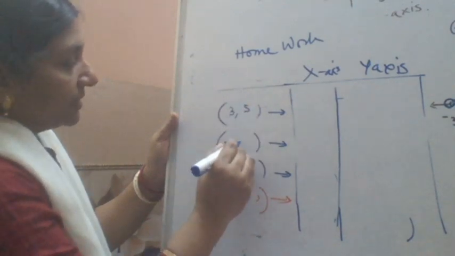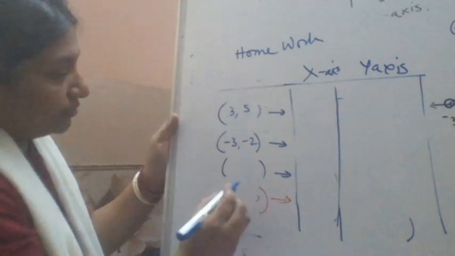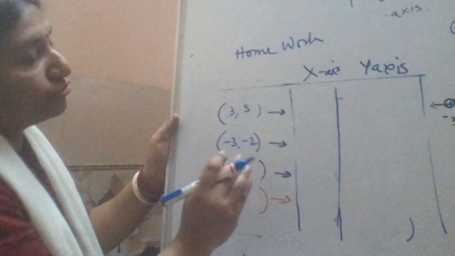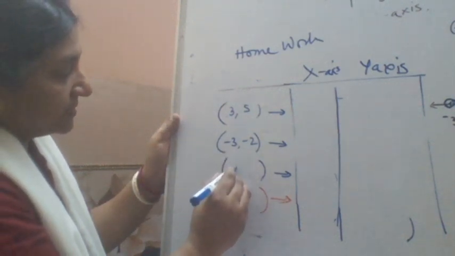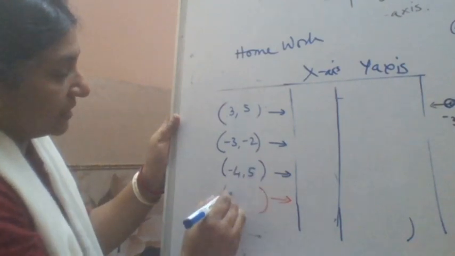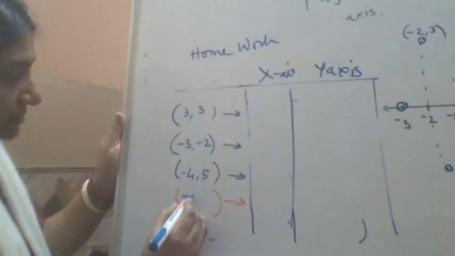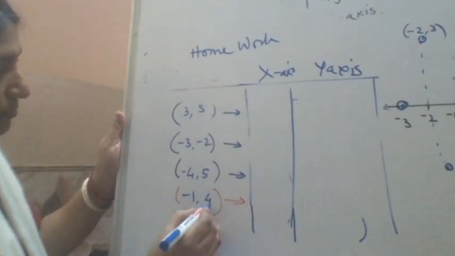And then this is minus 3. This will help you in plotting the point, as well as you will be able to read the coordinates of the point also. Both exercises will be done. This is minus 4, 5 and let it be minus 1, 4.